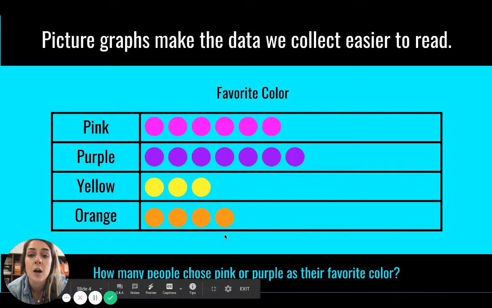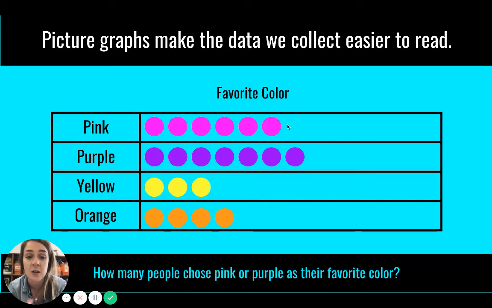So people have been saying, okay, 1, 2, 3, 4, 5, 6 people chose pink, and they've been writing 6 as their answer. But that's not the question. The question is how many people chose pink or purple. So that sounds to me like I need to add up all my pinks and all of my purples. So take a minute to do that. How many people chose pink or purple as their favorite color?